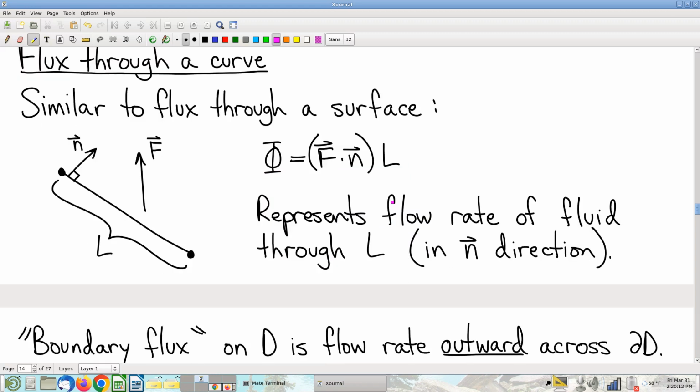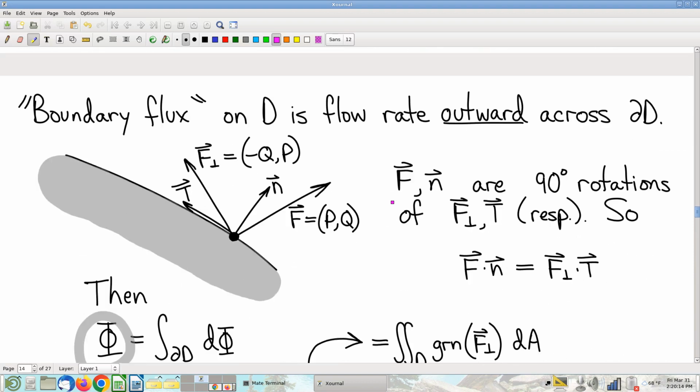Okay. So now, related idea, I want to talk about this thing called boundary flux. Boundary flux is flux. It's exactly the same thing. Just with the understanding, and anytime you hear this word boundary, this is a new loaded word. Boundary now specifically refers to an orientation, a specific conventional orientation.